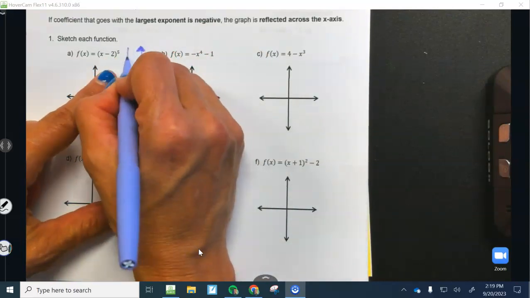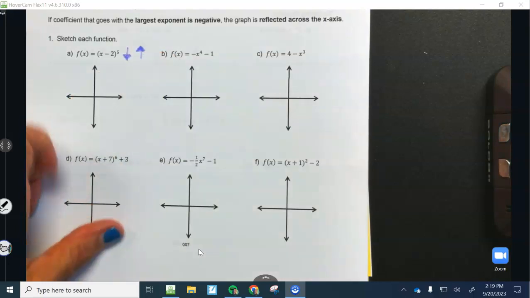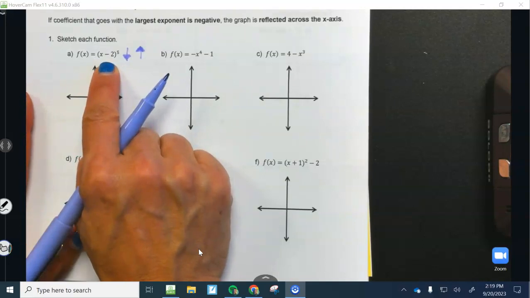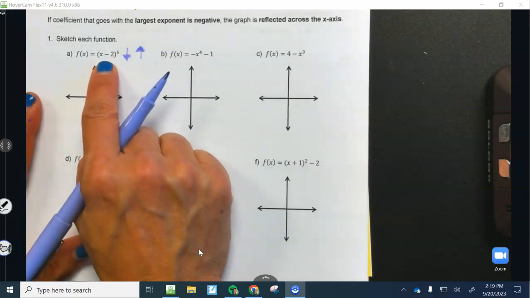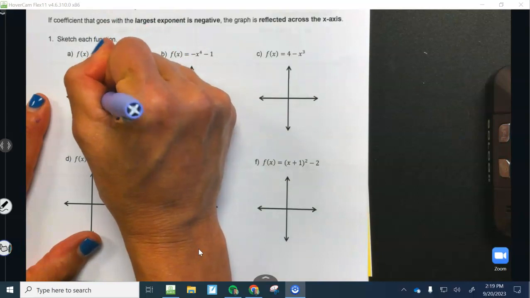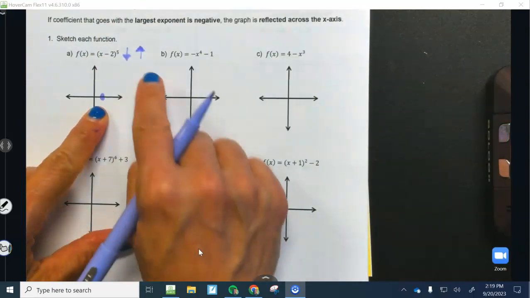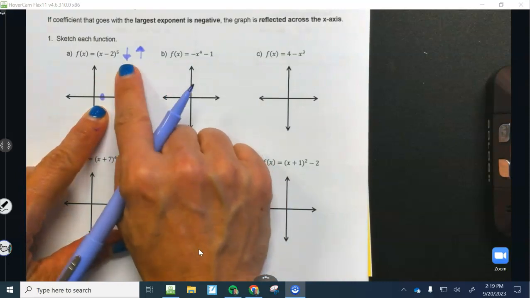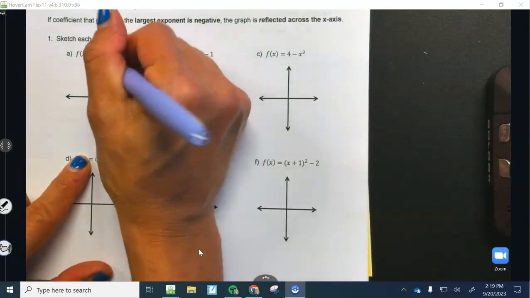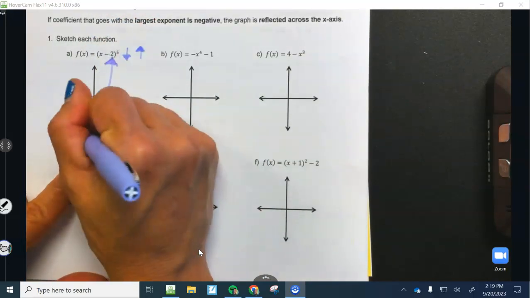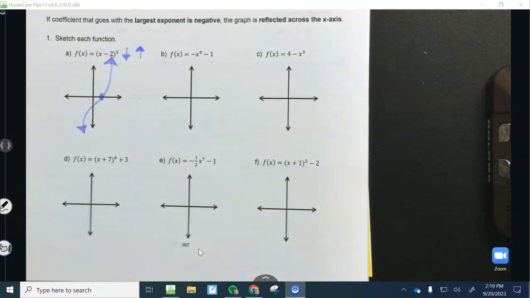So if that's up on the right, this has to be down on the left. Let's think about where this transformation is. This is 2 places to the right. So let's say HK is right on the x-axis right there. Now all I have to do is draw a cubic with this end behavior that goes to this point. So the first one is going to have a sketch that looks like that.